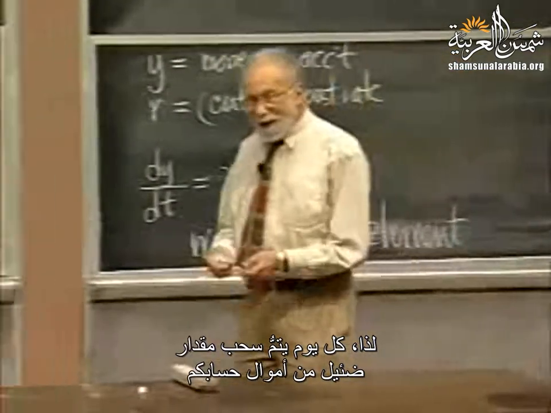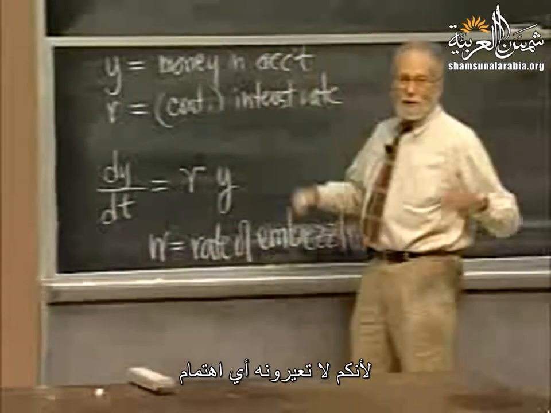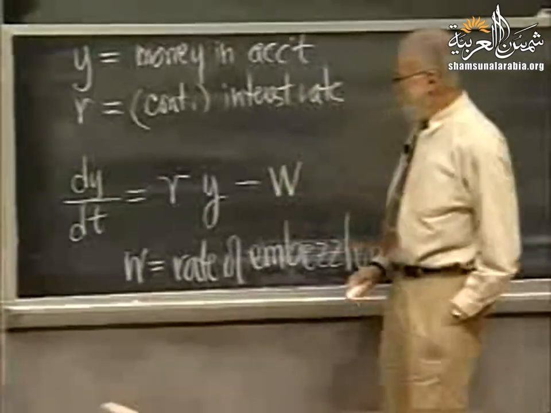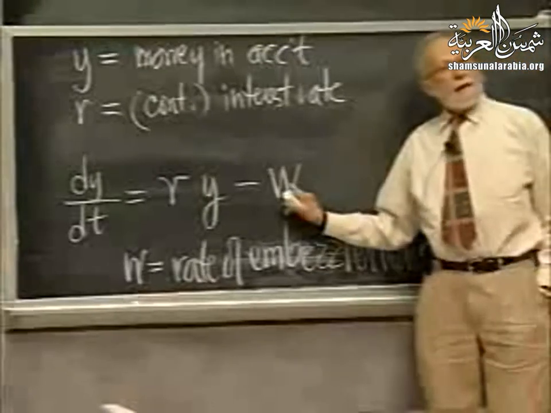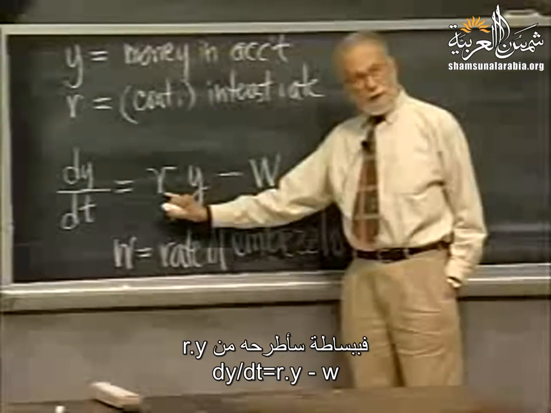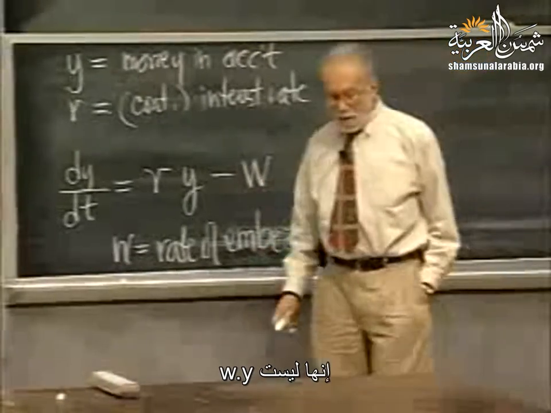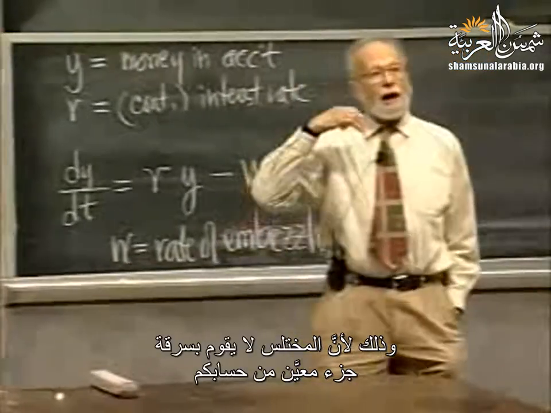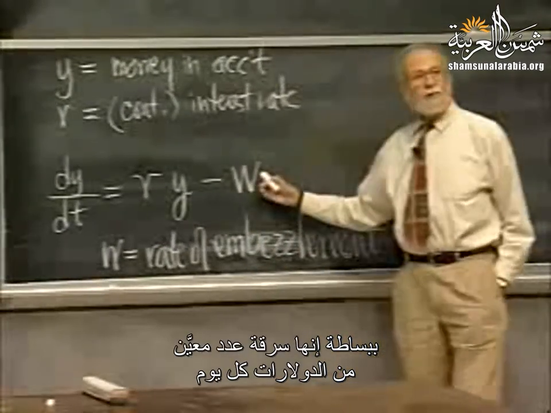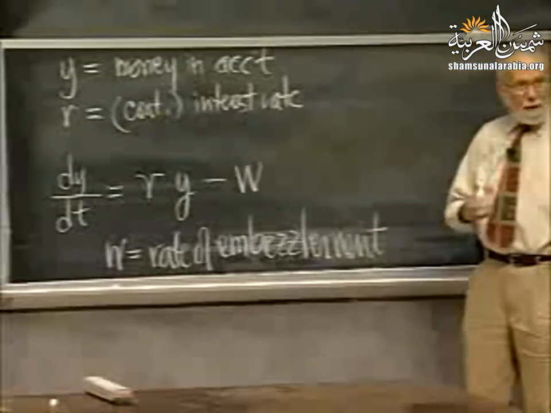So every day a little bit of money is sneaked out of your account because you're not paying any attention to it. You're off skiing somewhere and not noticing what's happening to your bank account. So since it's a time rate of embezzlement, I simply subtract it from this. It's not W times Y, because the embezzler isn't stealing a certain fraction of your account. It's simply stealing a certain number of dollars every day, the same number of dollars being withdrawn from the account.